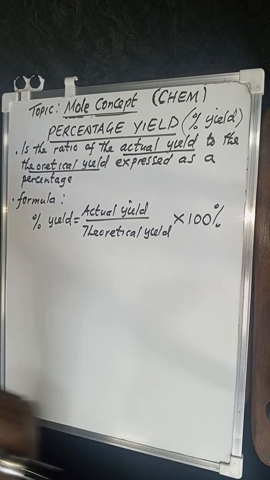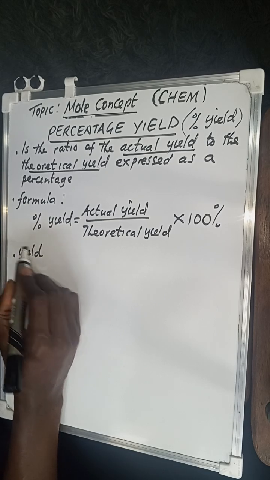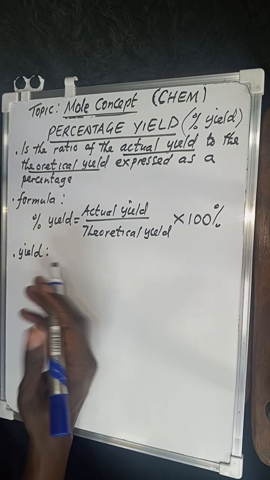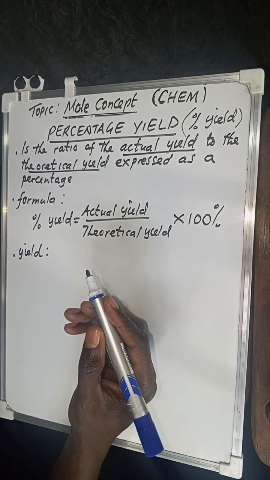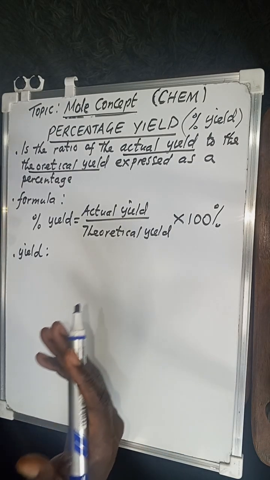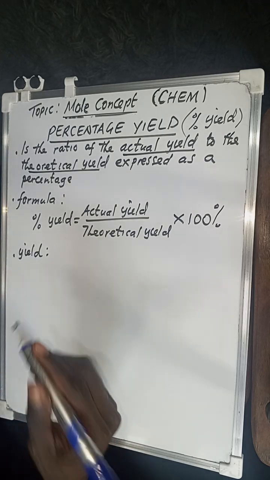But the question we can ask ourselves is, what exactly is the yield? Well, when we talk about yield, it is simply the amount of product formed when substances react. So that's what we call yield, what you get at the end of something. For example, you buy a 10 kg bag of mealie meal, you plant it, then you tend and harvest. So what you get is what we call the yield.